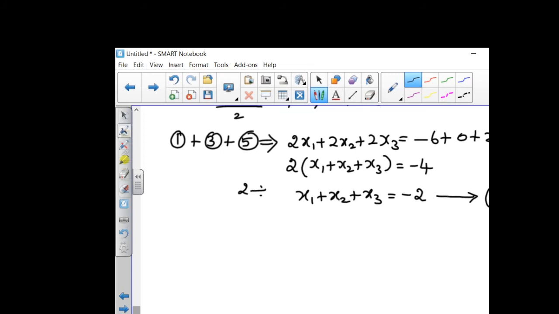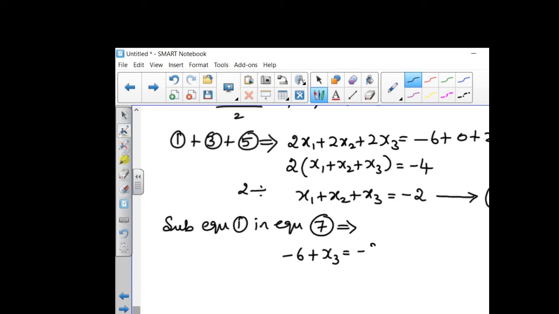Okay. In equation number 7, you can substitute equation number 1. Substitute equation 1 in equation number 7. What do you get? The equation number 1 is x1 plus x2 is equal to minus 6. So for this x1 plus x2 you can substitute minus 6, plus x3 is equal to minus 2.